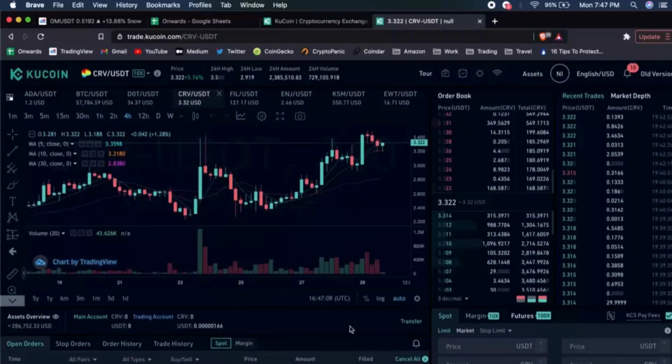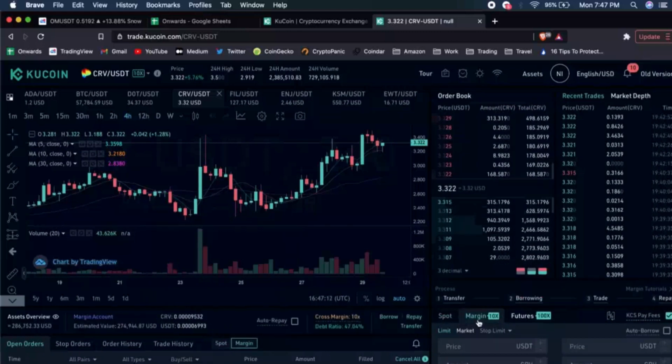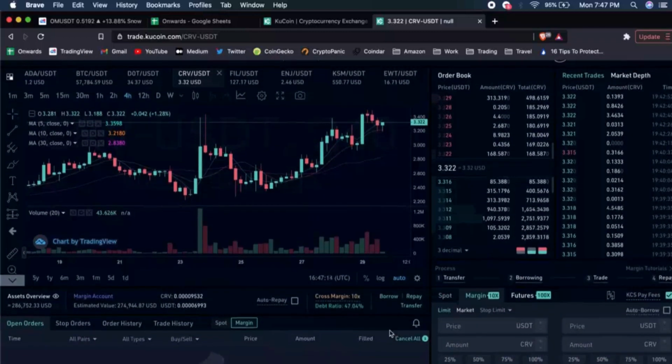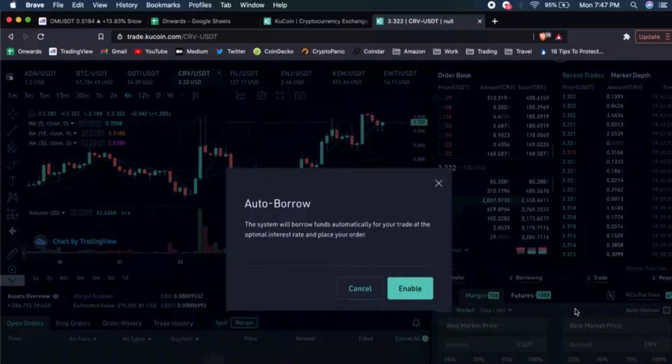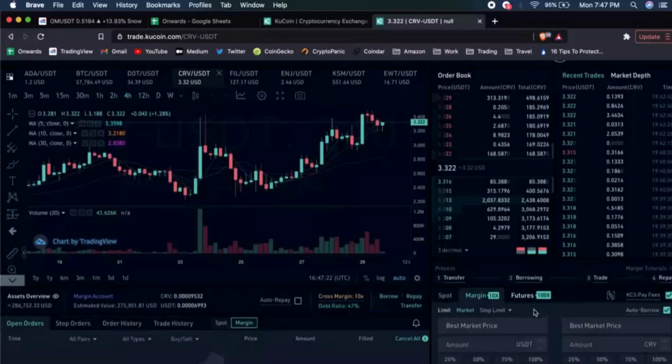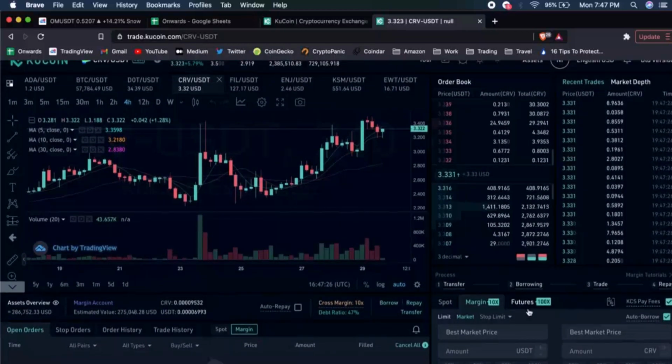So to open a margin position, we would have to go to margin 10x, right? And once we're in margin 10x, we've gone through our order types, guys, but the way I do it, I personally like to go market auto borrow. You got to click auto borrow and it'll borrow automatically. Now, you can go to the borrowing page and take out your USDT loan manually.